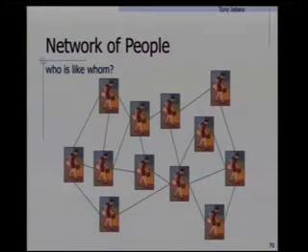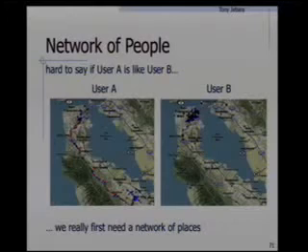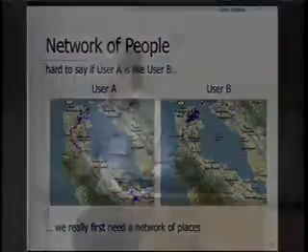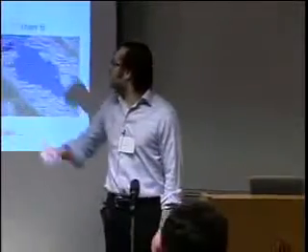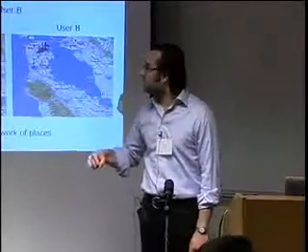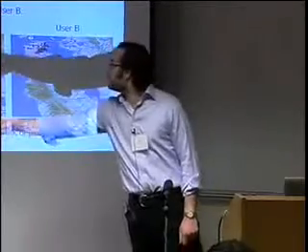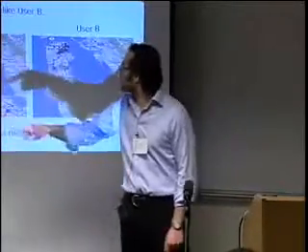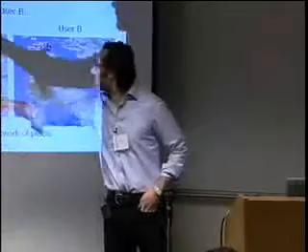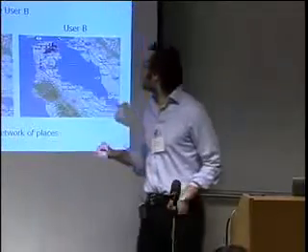And so the way we figure out who's like whom is we're basically going to look at how often two people co-locate. That's how we calculate similarity. Not quite a kernel, just how often do I co-locate with someone. But the problem is you can't really look at raw co-location because, for example, these two users, this guy lives in San Francisco and works in Palo Alto. This guy works and lives in San Francisco.